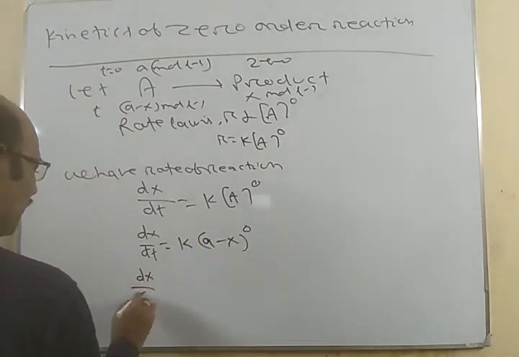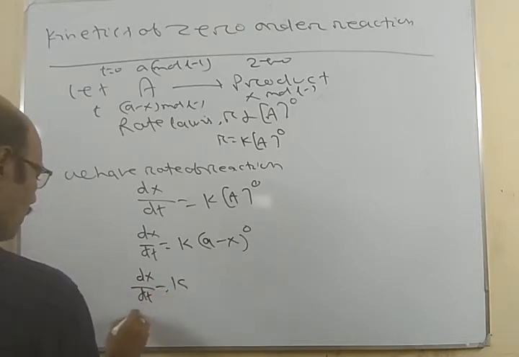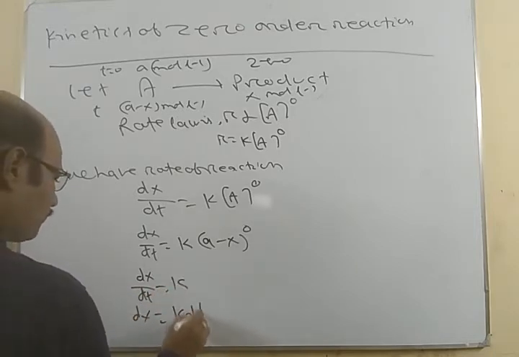So dx by dt is equal to k, or dx equal to k dt.